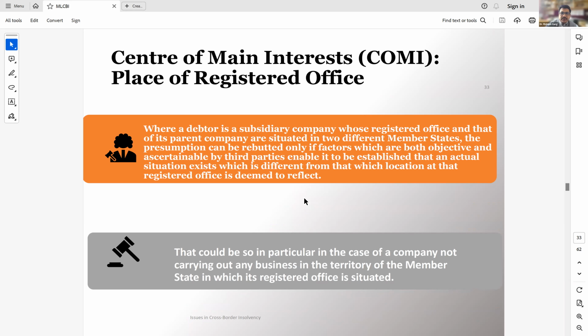So the next issue is the COMI, Center of Main Interest, and the place of registered office. So usually the model law says that the registered office is presumed to be the place of COMI, Center of Main Interest, but it is not an irrefutable presumption.